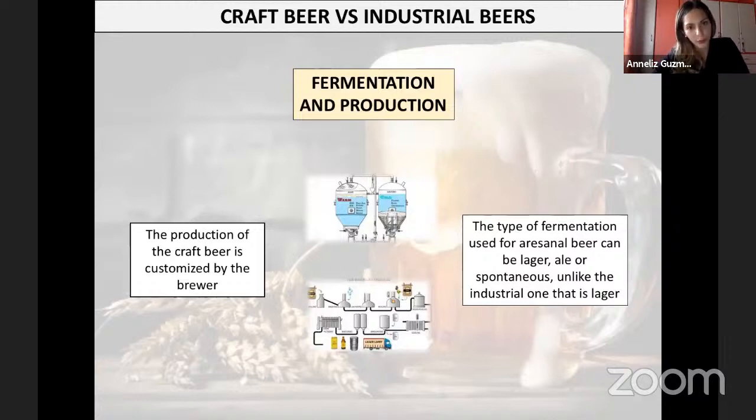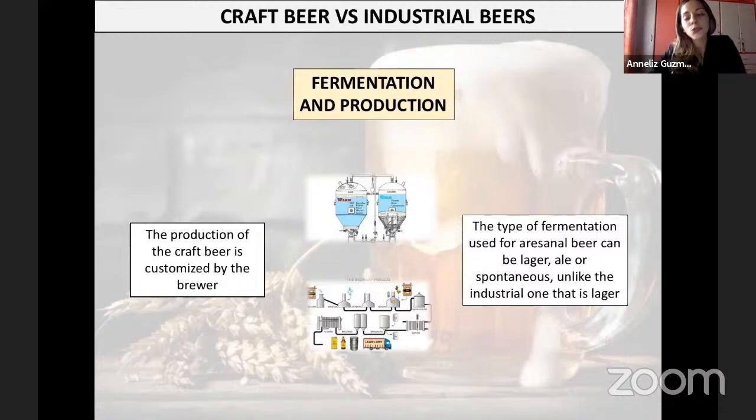Fermentation and production. The production of the craft beer is customized by the brewer. The type of fermentation used for artisanal beer can be lager, ale, or spontaneous, unlike the industrial one that is lager.